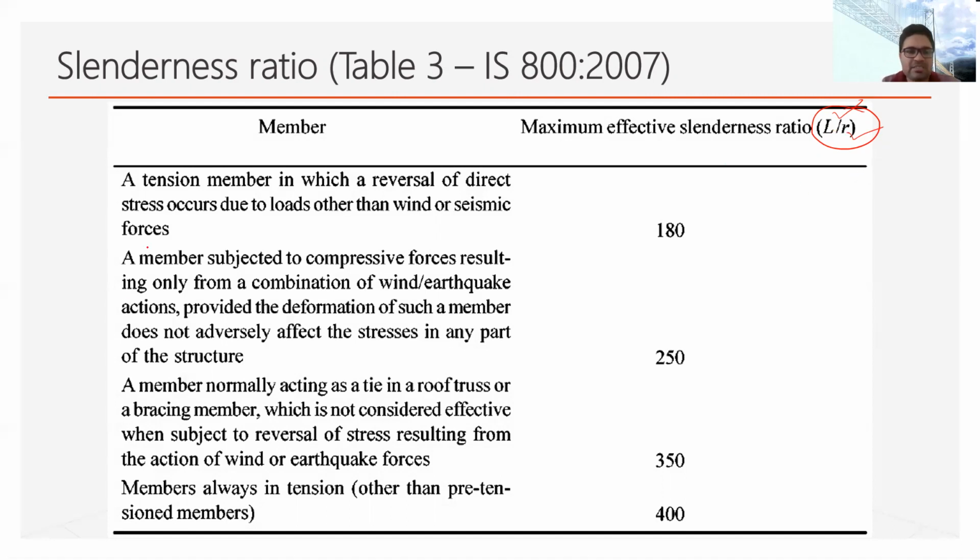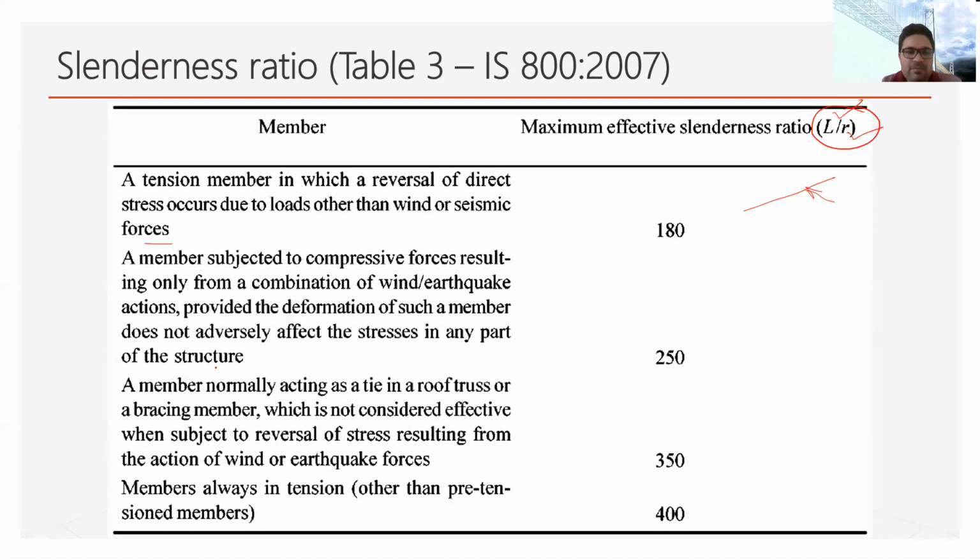There are some cases which it has described. One is a tension member in which a reversal of direct stress occurs due to the loads. For example, if we are designing a member in tension, but somehow this member may be subjected to compression for some time, as in the case of wind, this reversal of stress may occur in some members.